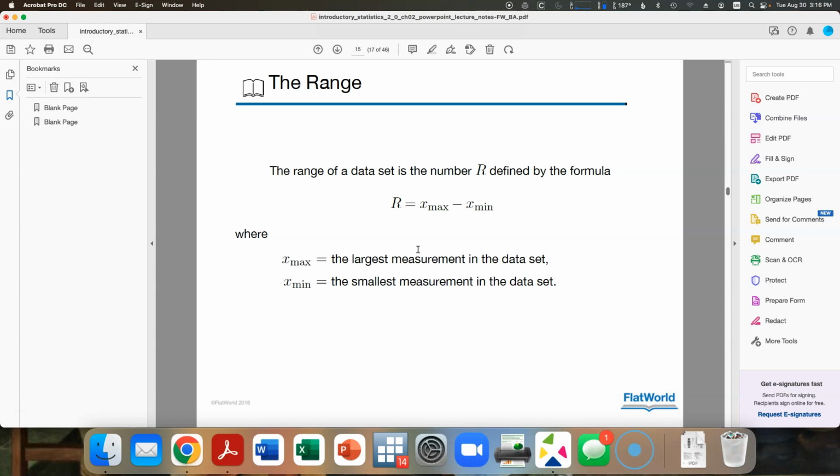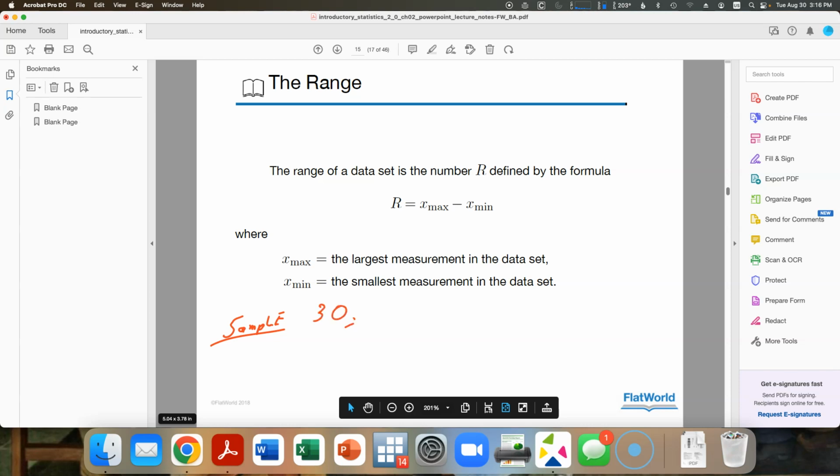The range of the data would be that if I had a sample which had values such as this, all I would do here is take 77 minus 30, and I would see that the range of data, the difference in our data is 47 points of measurement, whatever our units are here. 47 units of measurement between the max and the min score.